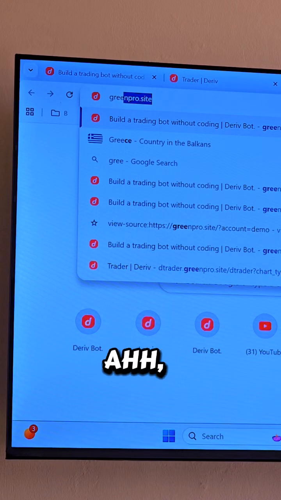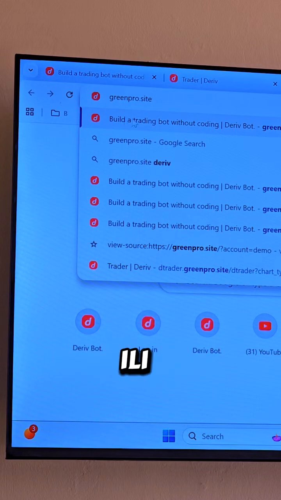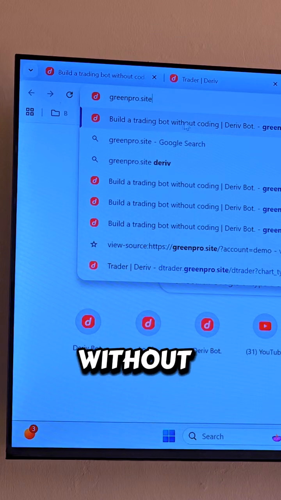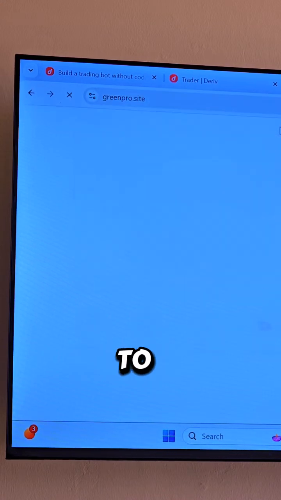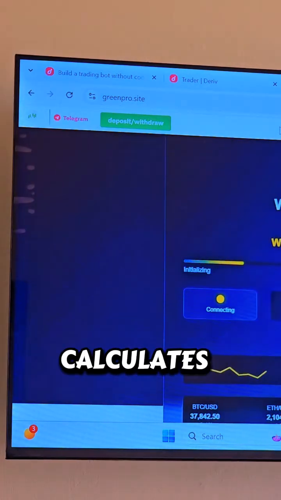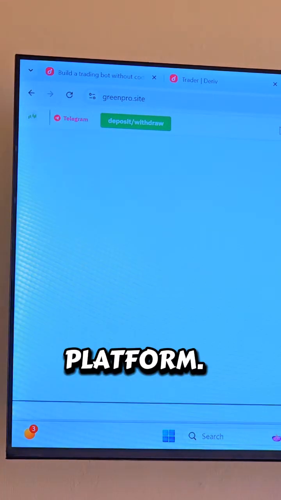So you're going to click right here after ume type hivi, itakuletea hii link hapa imeandikwa build a trading bot without coding, okay? Unaona hivyo, then kuna hapo mbele Greenpro.Site, so you're just going to click it like that, then itakuleta kwa hii amazing platform, okay?